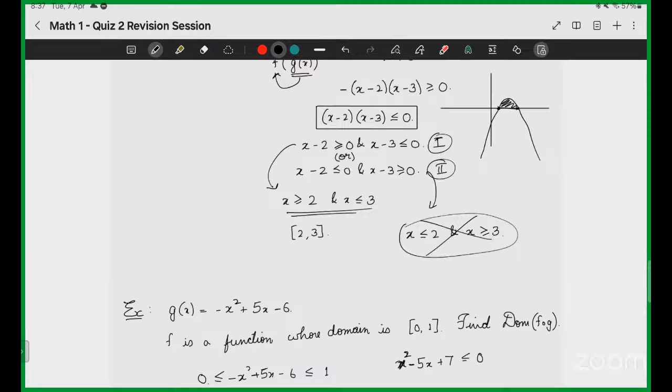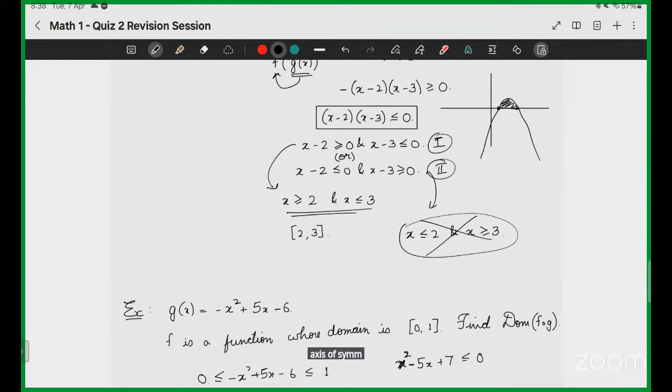So what can we say about this thing? Will there be any x which should be there in the domain? Even if I just substitute 2 or 3, you should be getting the thing.